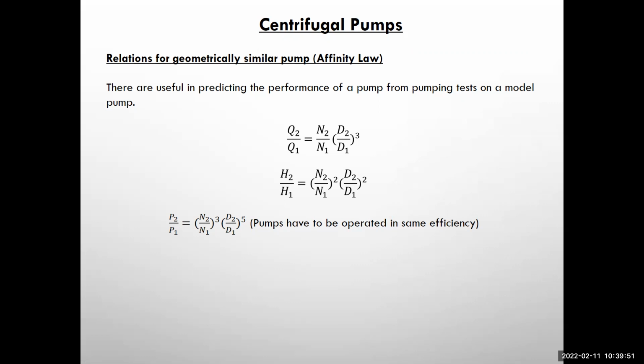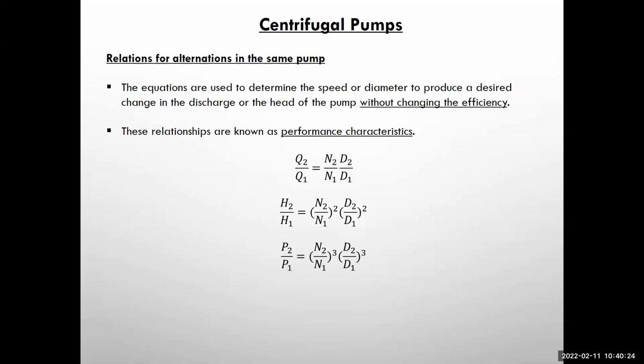Now, here we are dealing with two pumps, but have you ever heard of a variable frequency pump, where you can change the speed? There are some pumps like that which can work with different speeds. That means if you need to know the characteristics of pumps with different speeds, or if you want to change the diameter, how that will affect the total characteristics, there is another set of relations for alterations in the same pump.